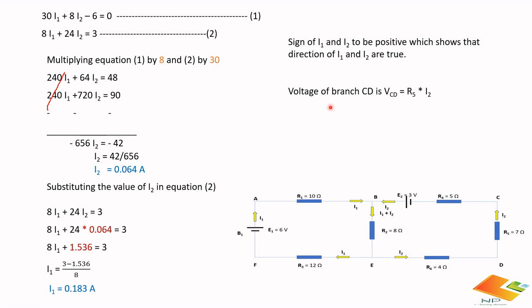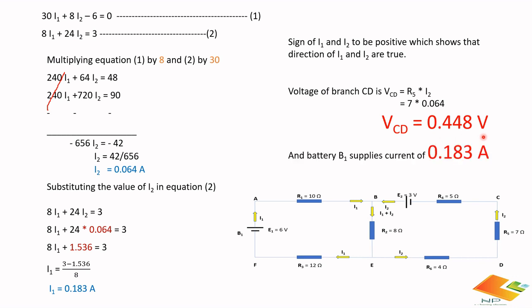So VCD is equal to R5 into I2, is equal to the value of R5 is 7 and the value of I2 is 0.064. So VCD is 0.448 volt. Okay, and battery B1 supplies a current of 0.183 ampere, means I1 is equal to 0.183 ampere, which we had to find.